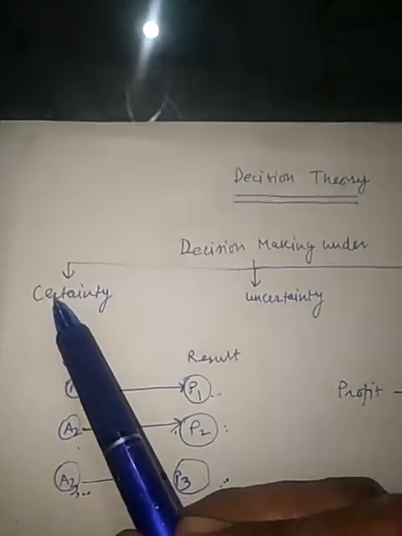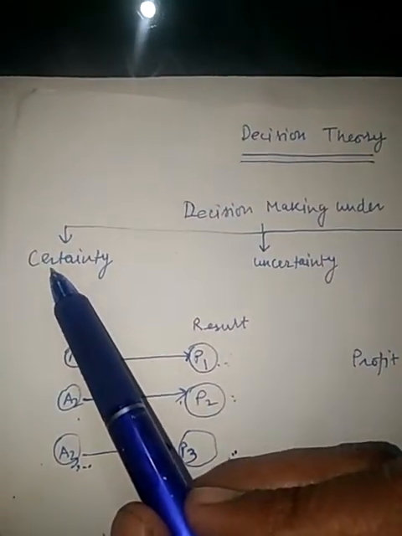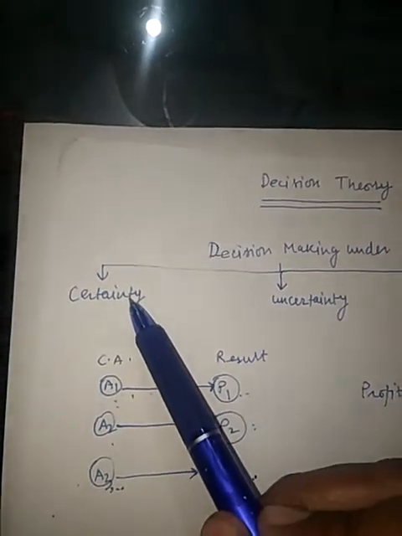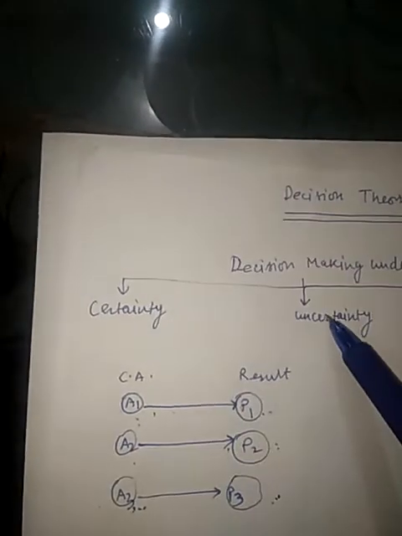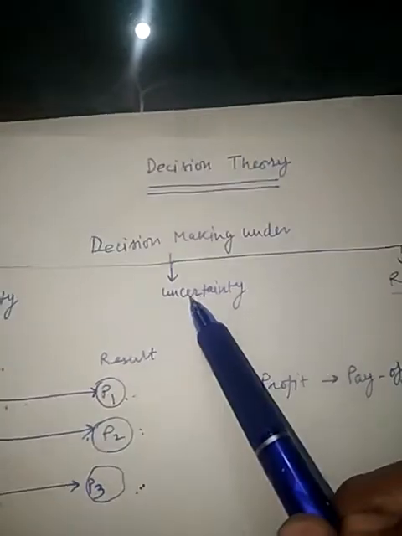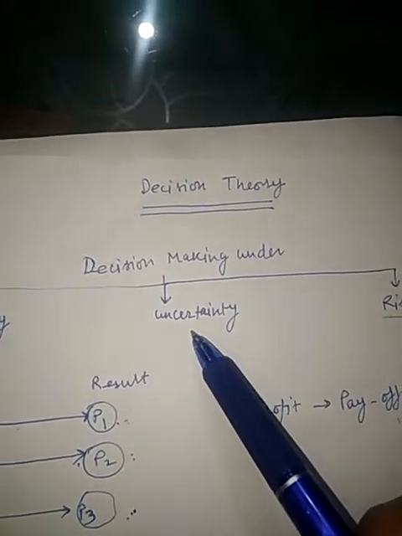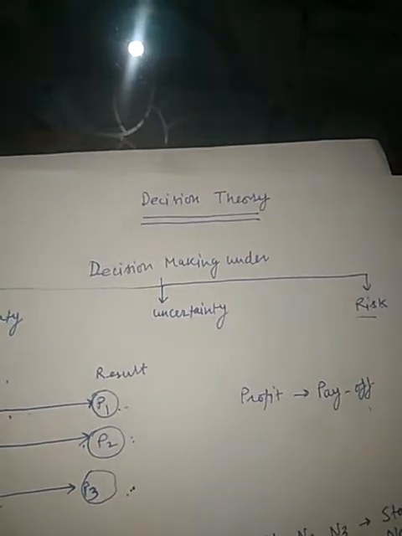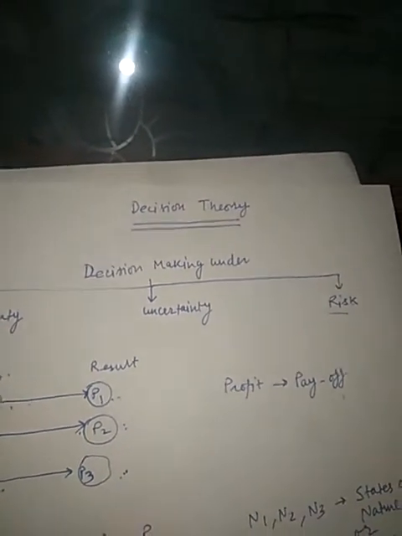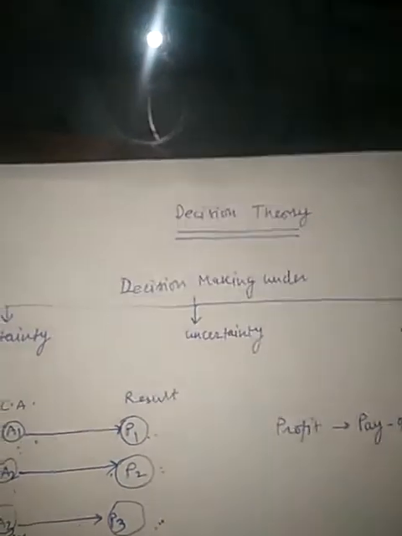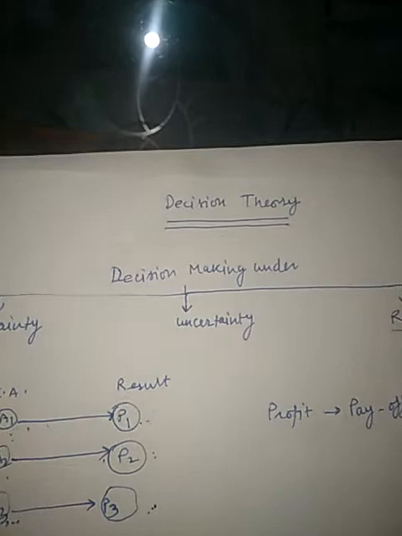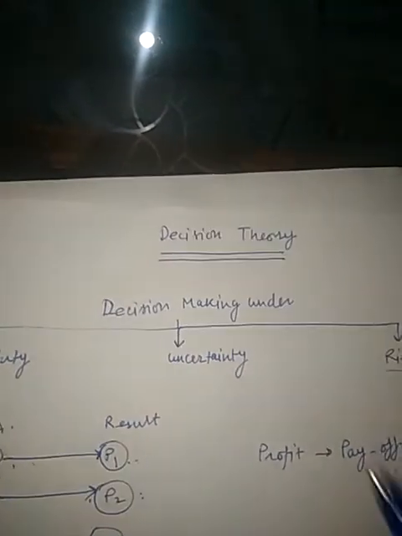First is decision making under certainty, where you have sufficient information that you can easily trace out the maximum payoff and its course of action. Then decision making under uncertainty, where your course of action is also subjected to some external factors, known as states of nature or events or outcomes. The combination of your course of action and a particular state of nature produces a particular payoff.